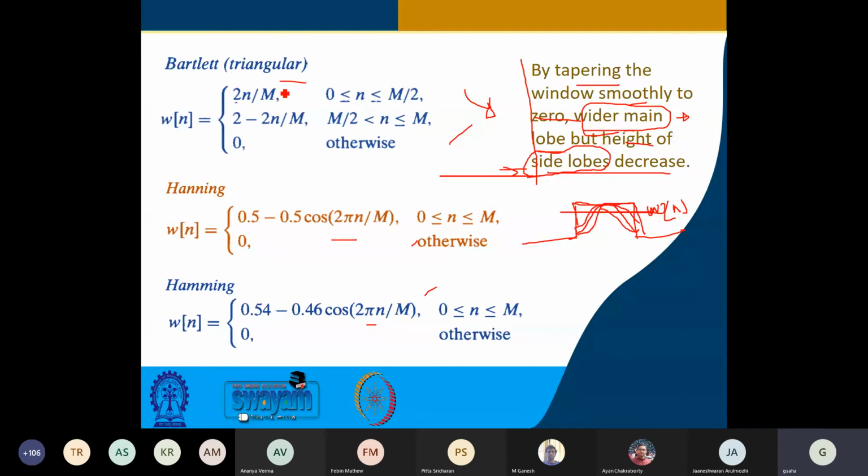So in your design problem, if you are using this kind of window function, and the customer wants stop band attenuation below a certain value, then you have to pick an appropriate window which provides that.